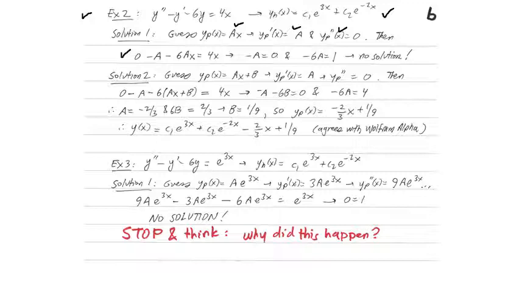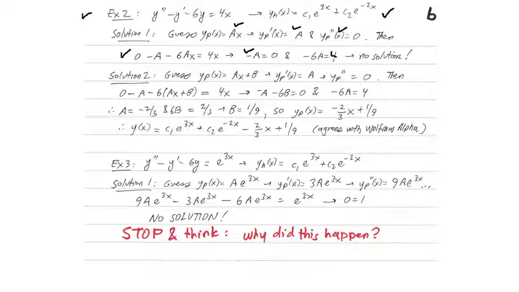And then matching the constant terms on the left side and the right side, we get negative a equals 0, and matching the coefficients of x, actually there's a typo here, that should be 4.